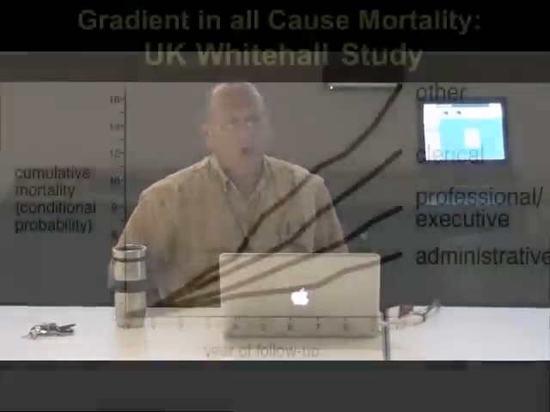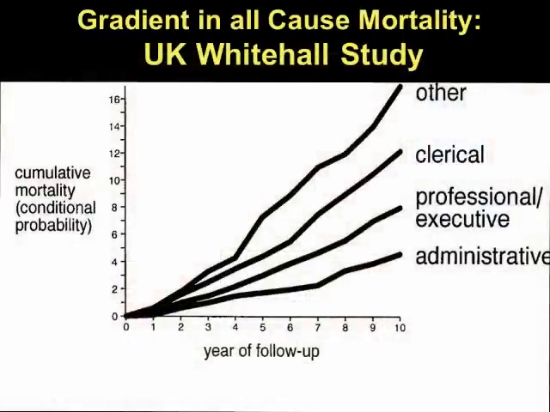is with a thing known as the Whitehall Study. The Whitehall Study was a study of British civil servants that was done in the 70s and the 80s and into the 90s, and it continues to this day, actually, where they identified British civil servants who all were being paid a living wage, who are all fully covered with medical coverage of one sort or another, and tracked their mortality and their morbidity, and in this case we'll talk about their mortality, over time, over a number of years, right?